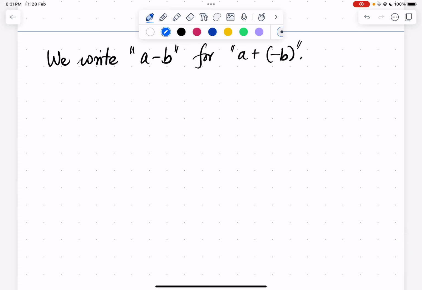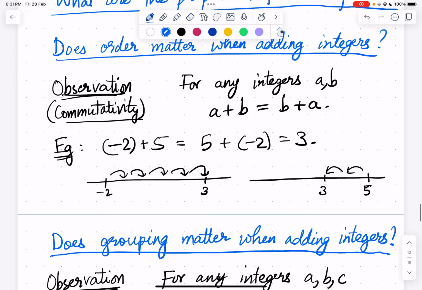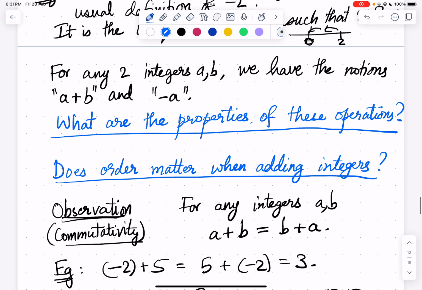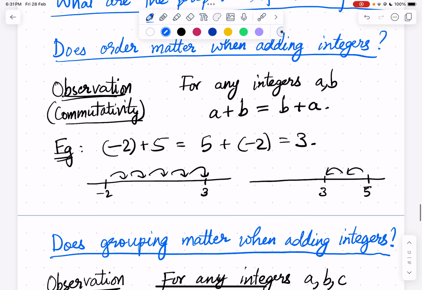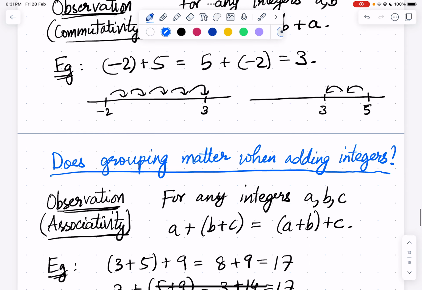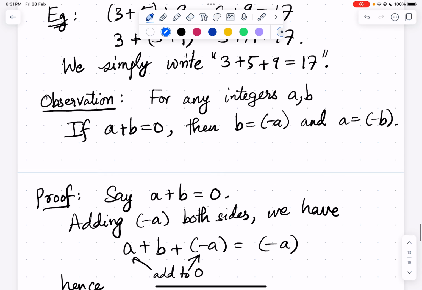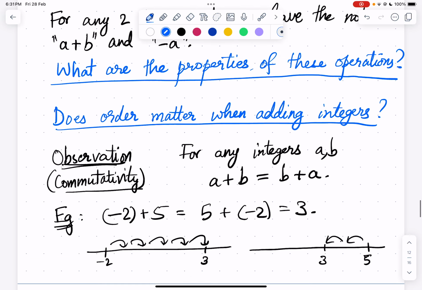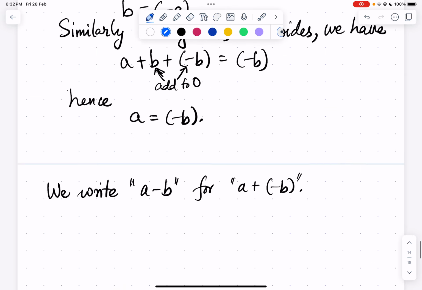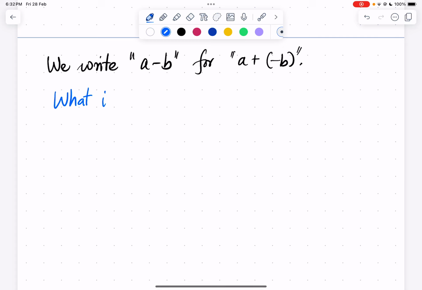So we already saw that we have two operations so far. For any two integers, we have a plus b and minus a. We saw that this addition operation has the commutativity and associativity properties. Now we can look at the negation, the other operation, taking minus of an integer. So we can ask, what if we take the operation twice?